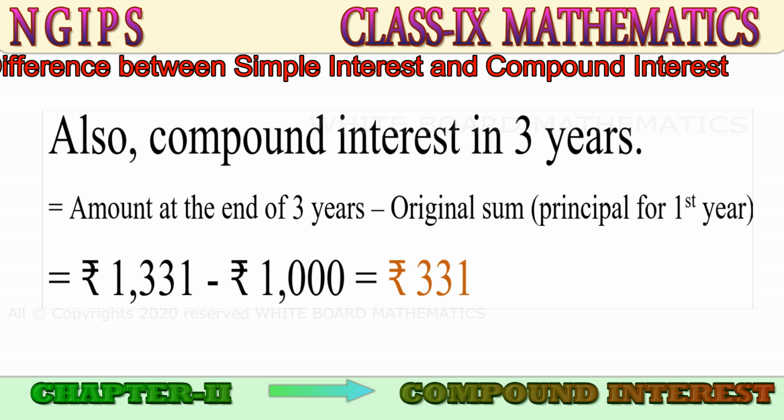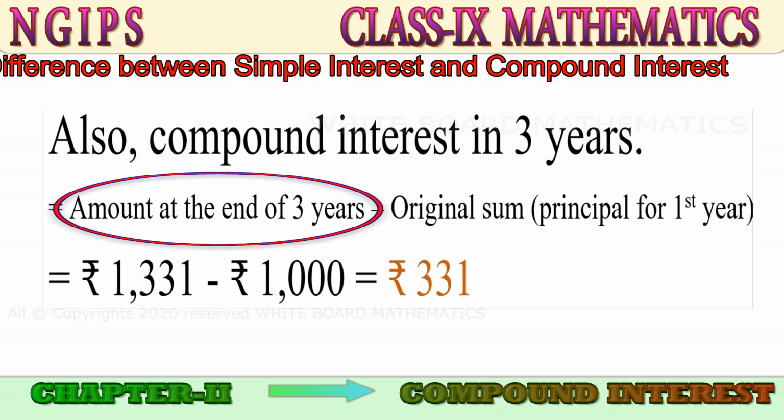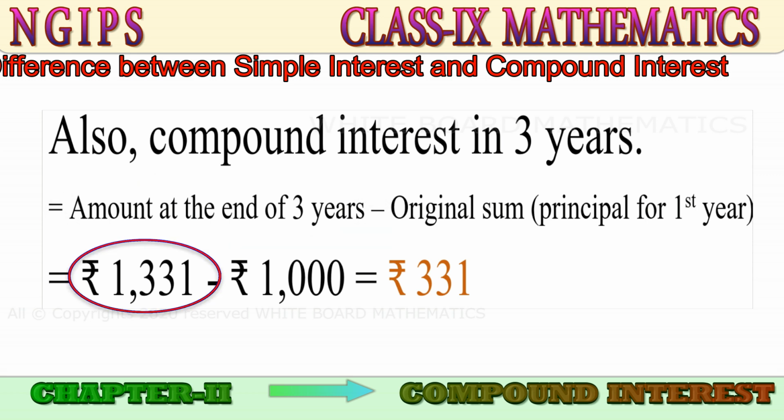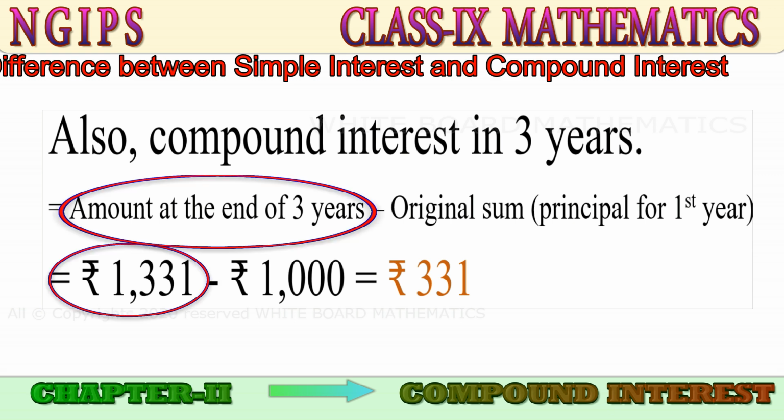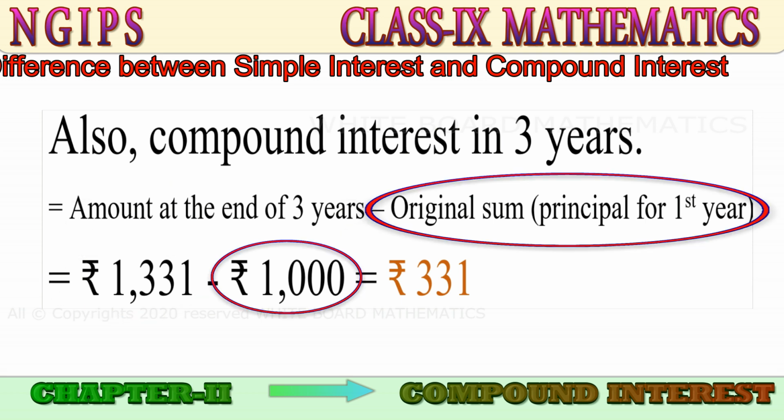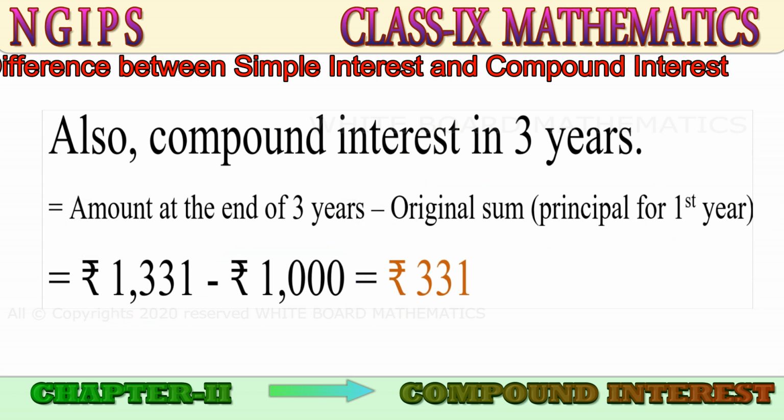So compound interest is equal to the total amount at the end of 3 years minus the original principal. So if we subtract, 1331 is the amount at the end of 3 years. Original principal it is 1000. If you subtract, we are going to get 331 rupees. So both it gives the same answer. This is the difference between the compound interest and as well as simple interest.